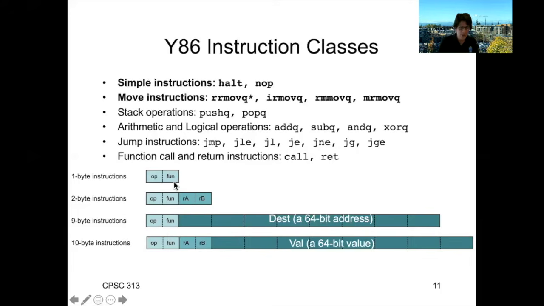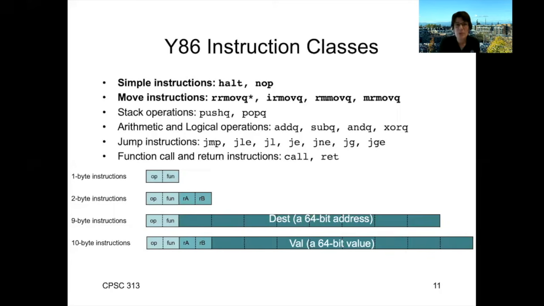After we have the opcode and function, all of which are captured in a single byte, we sometimes have registers, as in these two instructions, and sometimes we have big constant values that we're going to use. And so as we introduce classes, you'll see how these various pieces of the instruction are used.